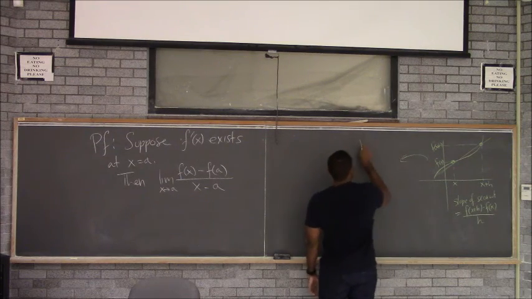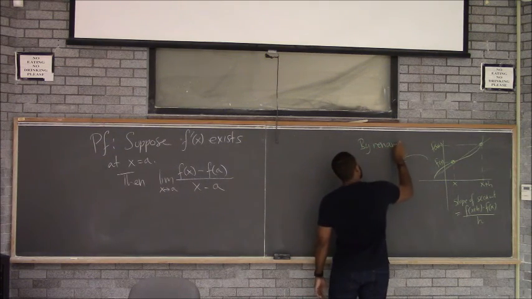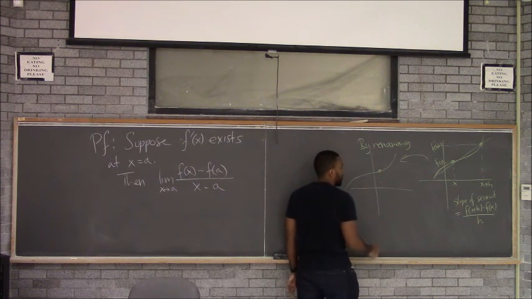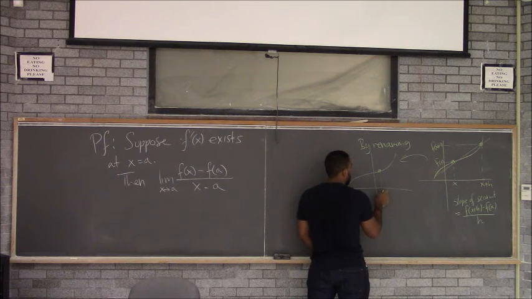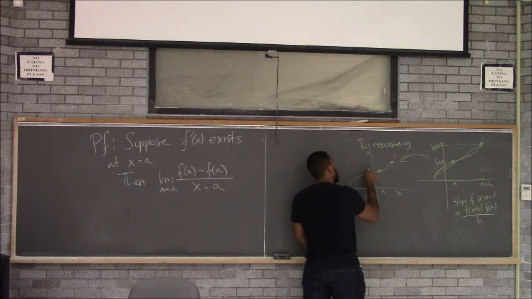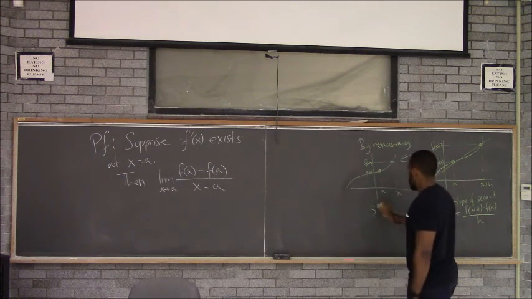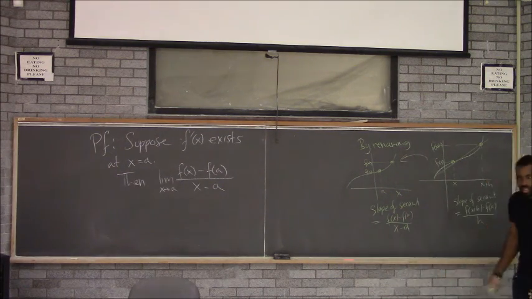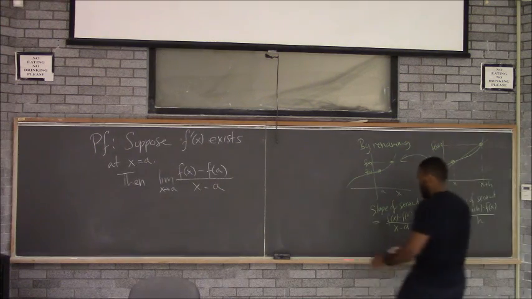But by renaming, I can have the same situation, but instead I can call this a, and call that x, and this would be f of a, and that would be f of x, and exactly the same scenario, the slope of the secant is going to be equal to f of x minus f of a over x minus a. Rise over run. It's the same idea. So these two are equivalent.